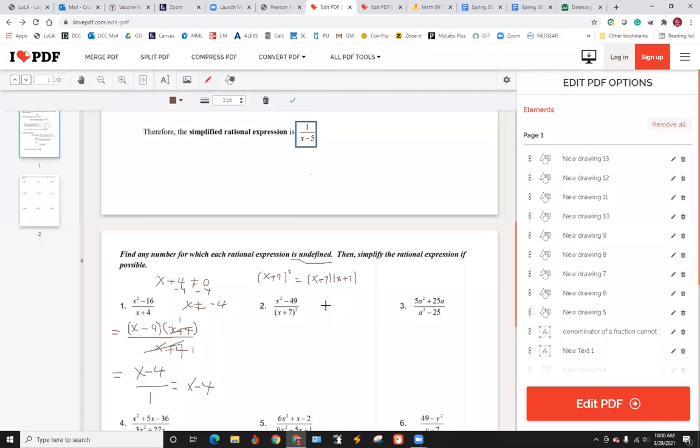So we just have to remember that x plus 7 can't be equal to 0. So that means negative 7. So x cannot be equal to negative 7. Now, once we do that, that's the answer to the first part. And that's just an equal sign with a slash through it. That's technically what that means, that it cannot be equal to that.